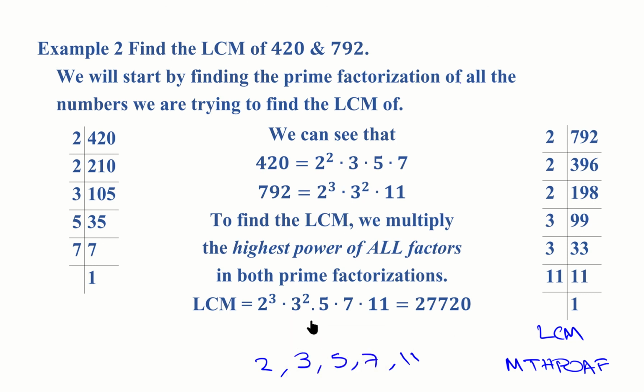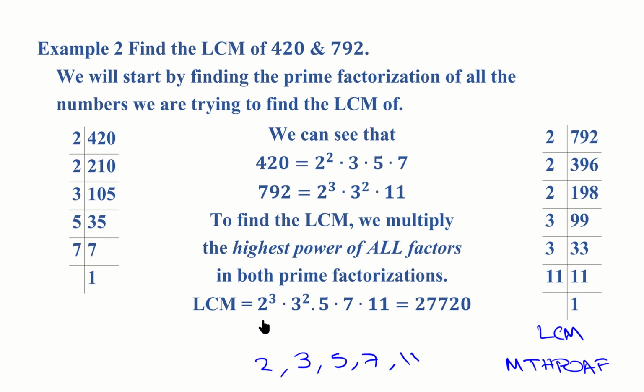So when we look at 27,720 right here, we know that 2 squared, so all but one of these, and one of those factors of 3, and 7 comprise the 420, right?